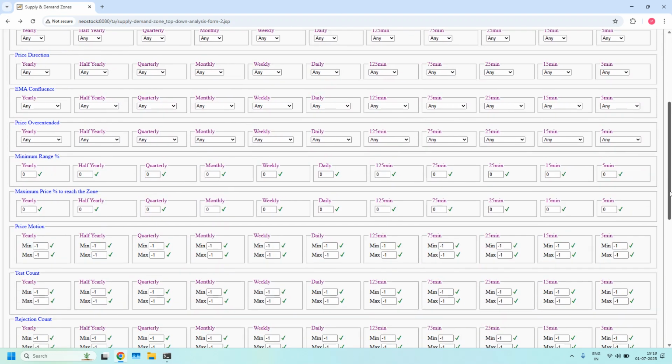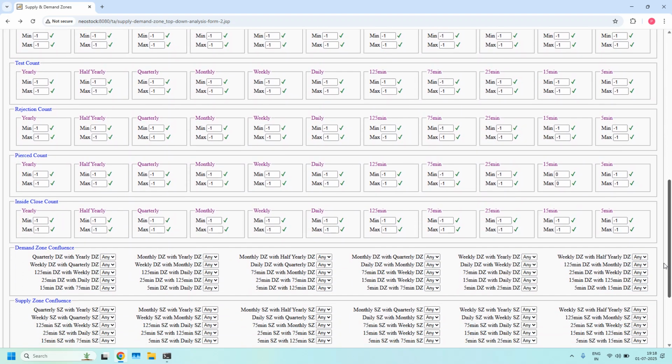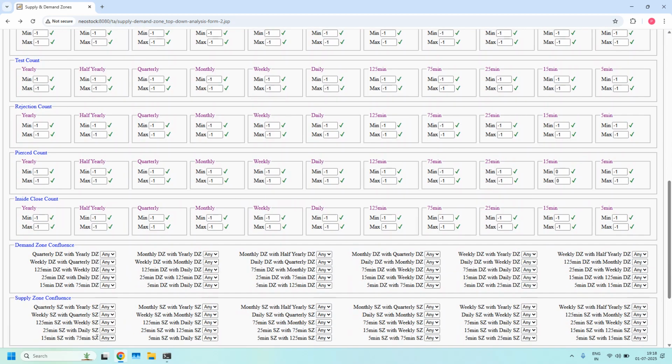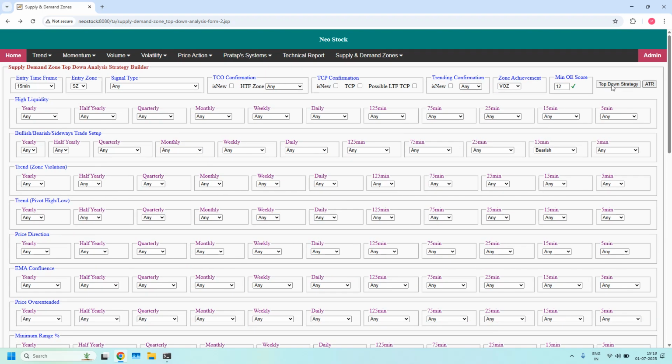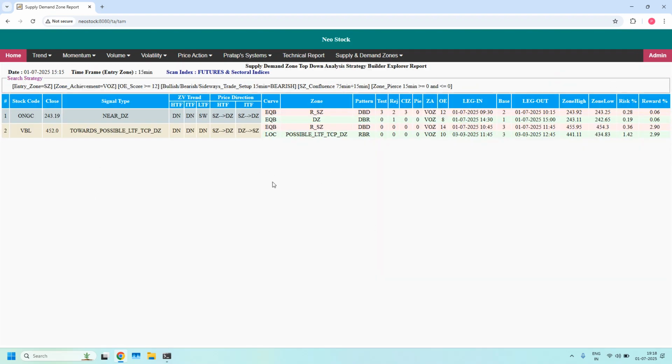First filter is 15 minutes and 75 minutes supply zone confluence, LTF and ITF supply zone confluence. By enabling the filter, out of 4 we got 2 stocks, and these 2 15 minute supply zones are overlapped with the 75 minute supply zone.